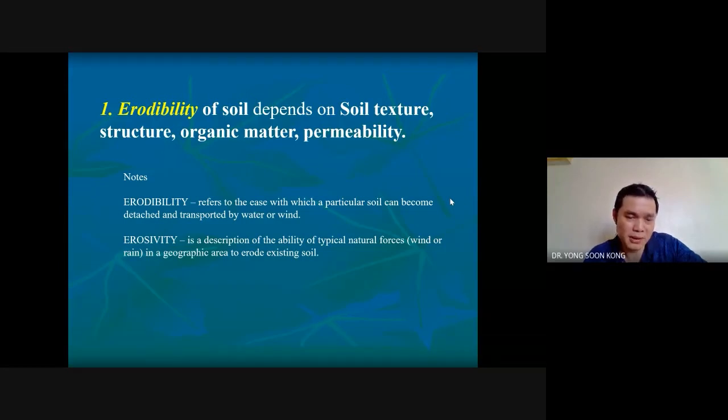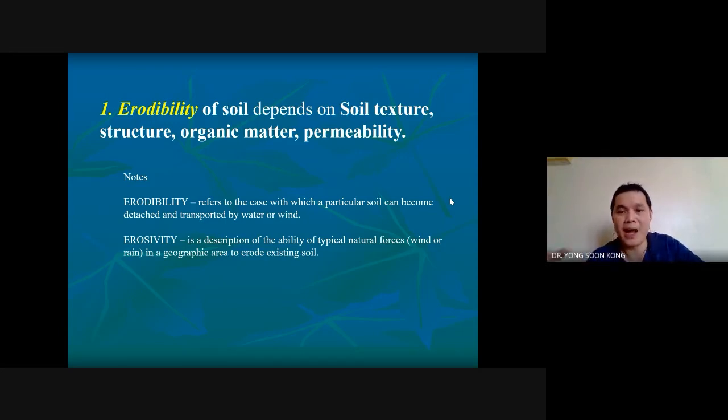Erodibility or erosivity. The one that you need to know right here is erodibility, which means how easily a soil can be eroded. That depends on how strong your soil is or how weak your soil is. Now, erosivity is the other way around. It no longer looks at the soil.